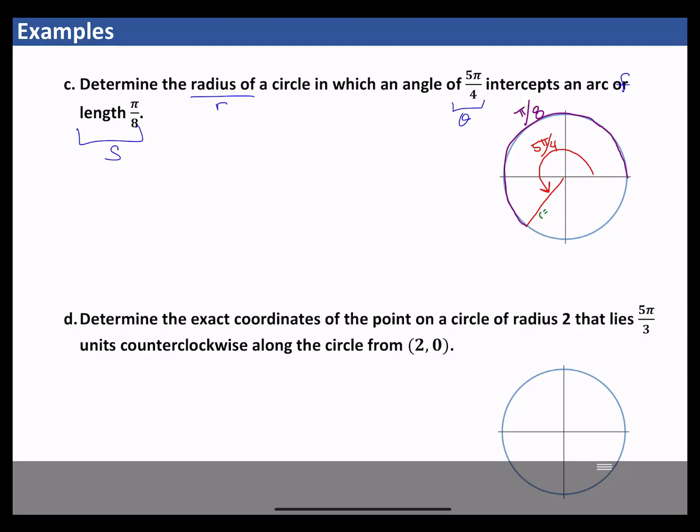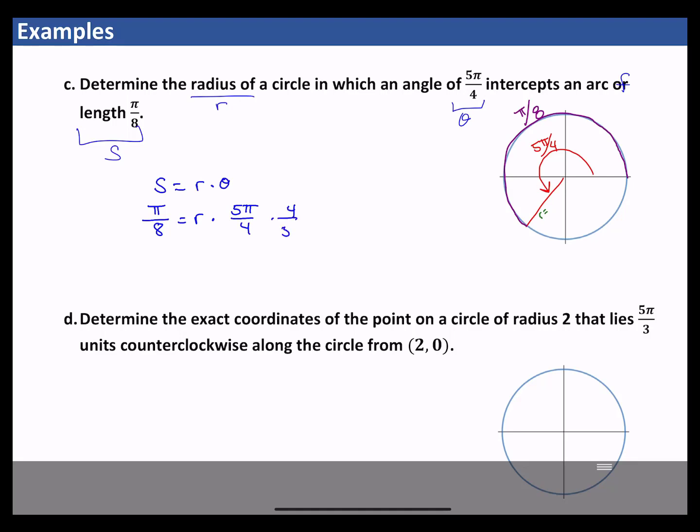But we can use our formula. S, arc length, equals radius times theta to find the radius. So we'll substitute what we know. The arc length is pi over 8. We're trying to find the radius. And we know our central angle is 5 pi over 4.